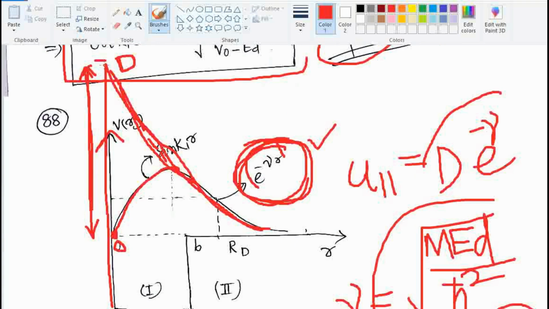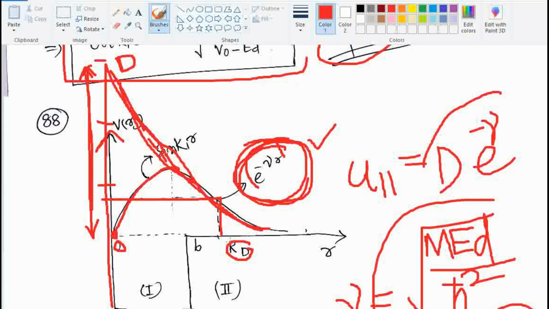But to find the radius, how much part do we have to take? 1/3 part. If you take that, this will meet here, and this is the radius of a neutron.